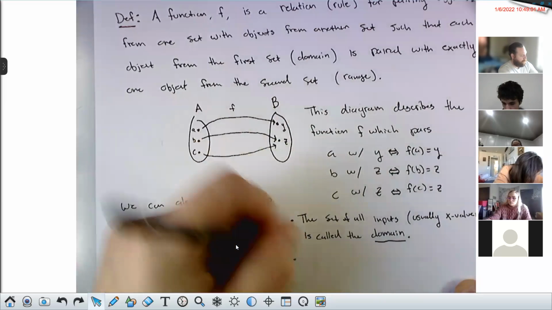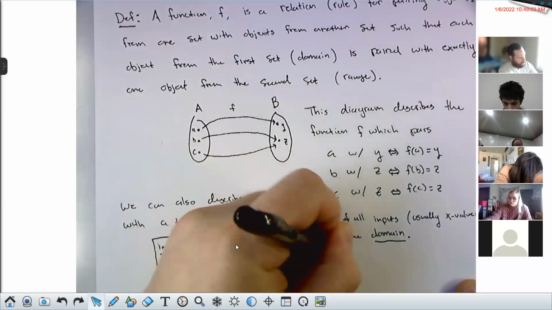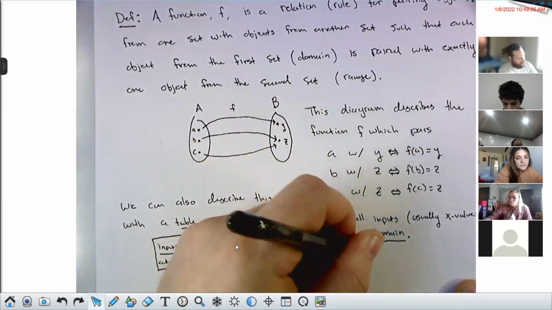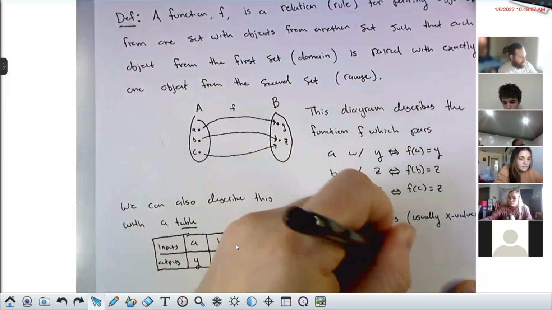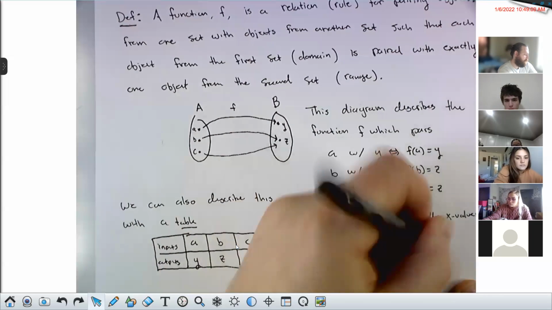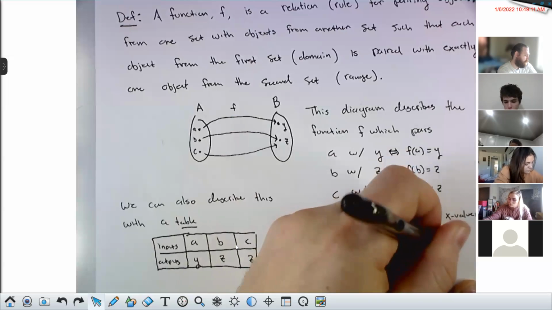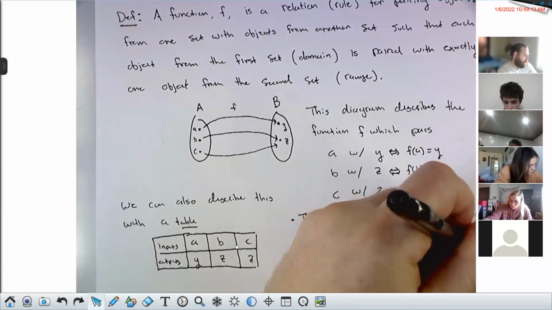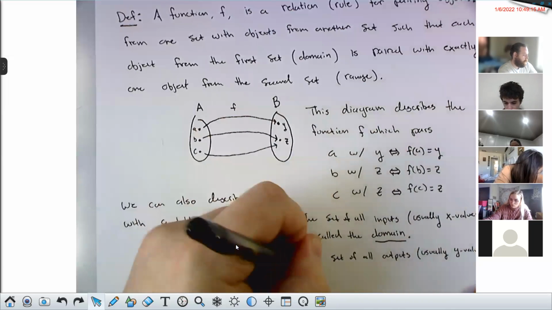The set of all outputs, usually Y values, is called the range.